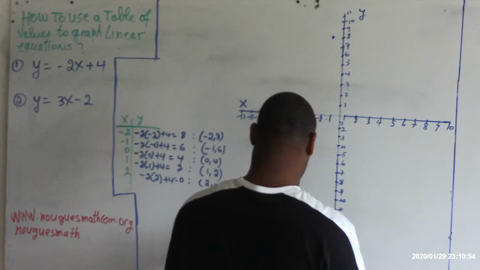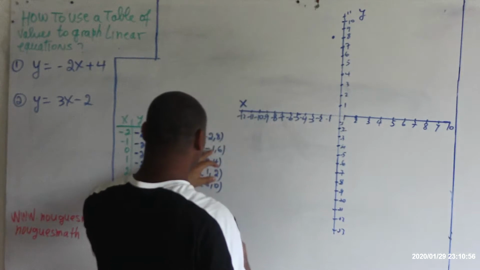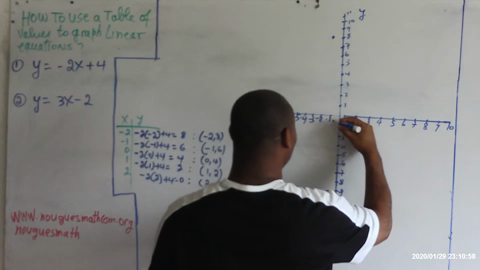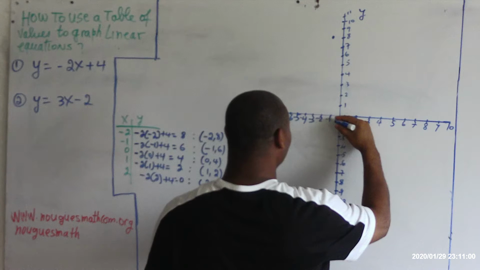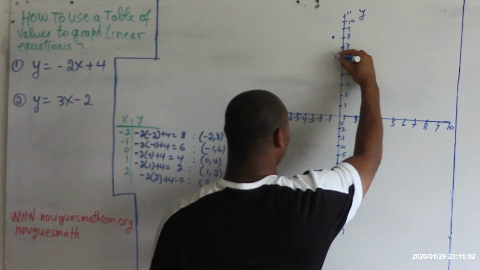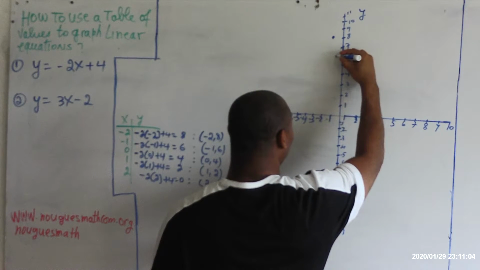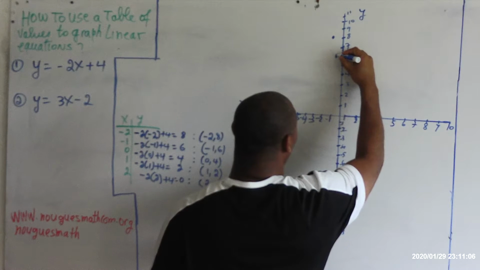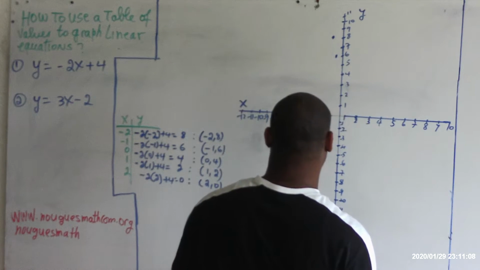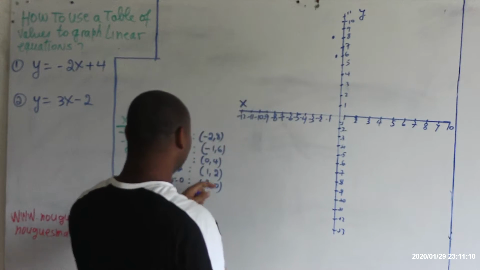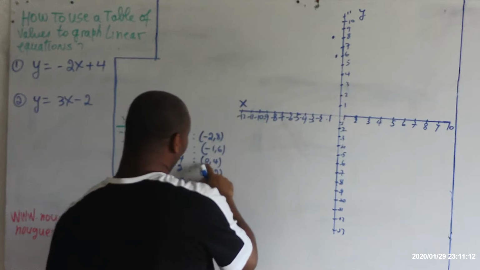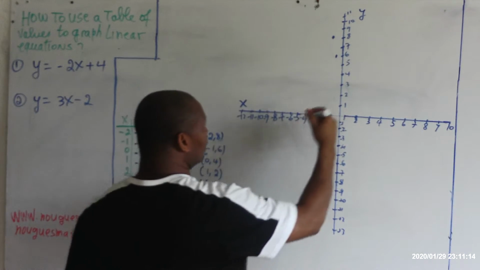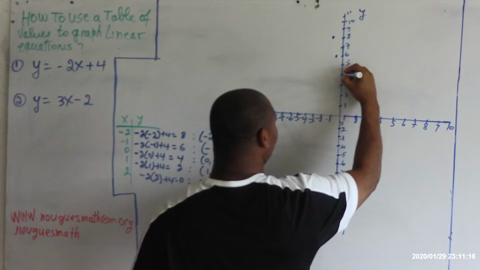So -1 and 6. This is -1 right here, 6 is right here. Then 0 and 4. 4 is right here.